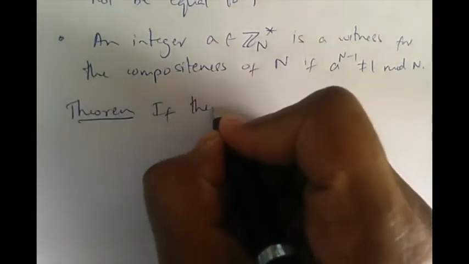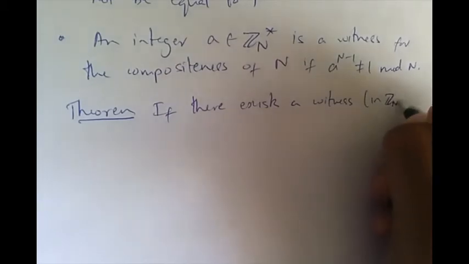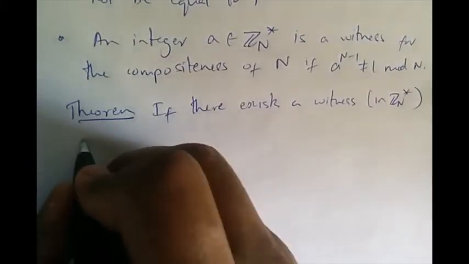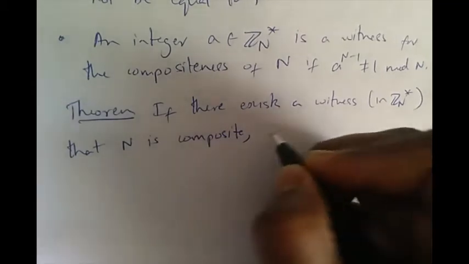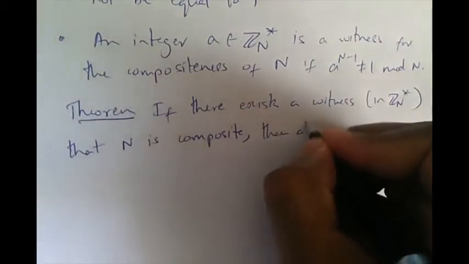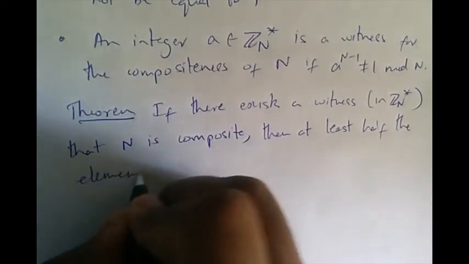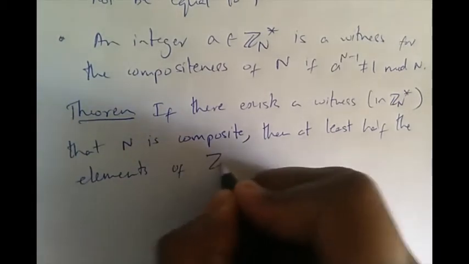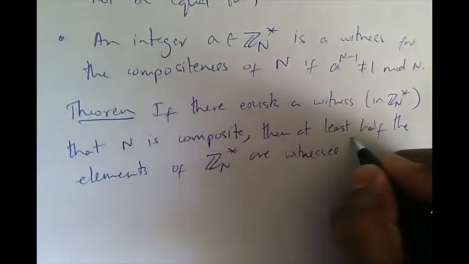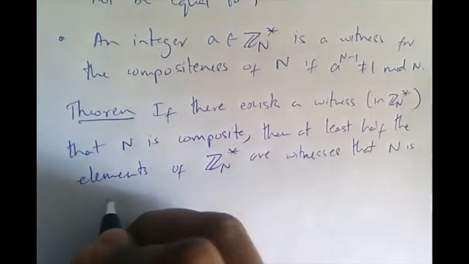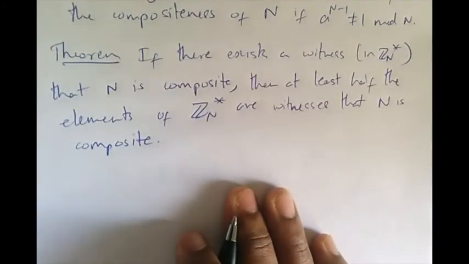If there exists a witness in Zn star that n is composite, then at least half the elements of Zn star are witnesses that n is composite.